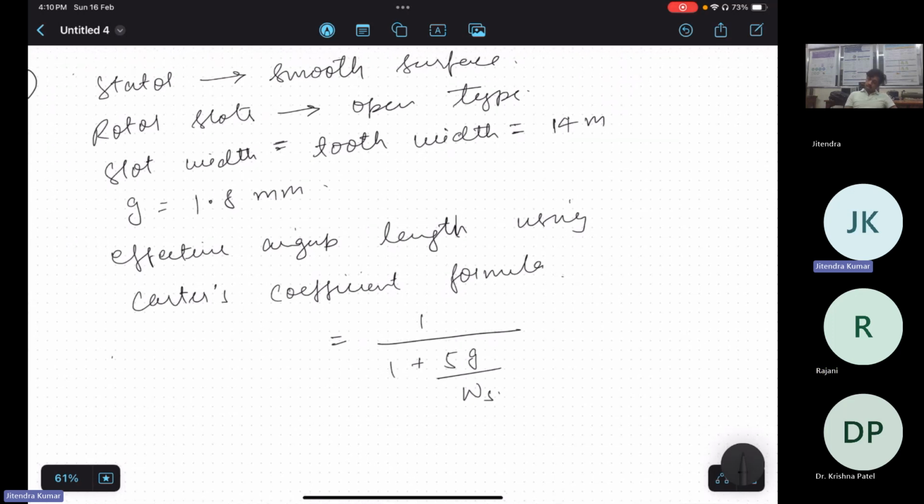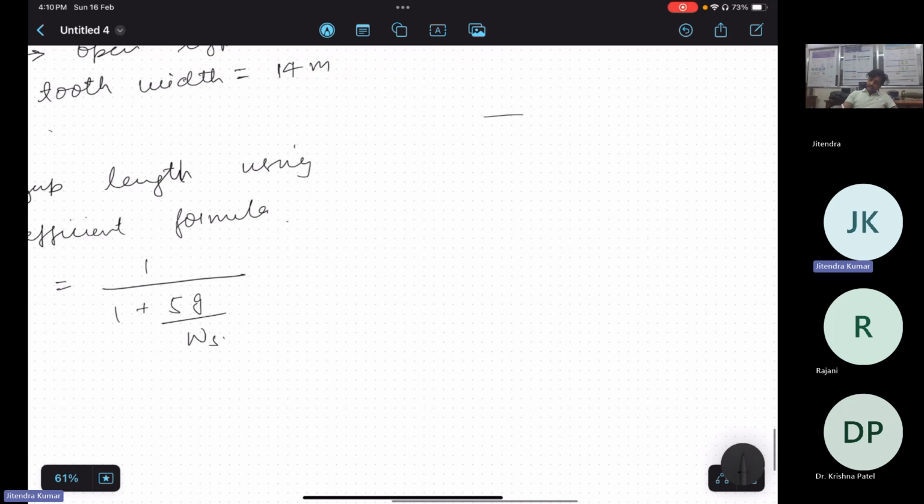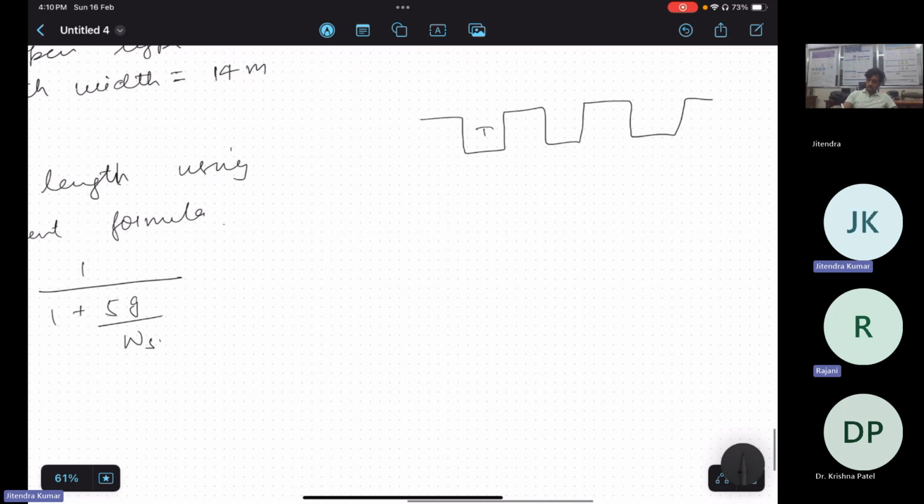Let's suppose we have a stator tooth like this. This is tooth, this is slot for the stator. Now we have a rotor tooth like this. This is again tooth, slot. This is for rotor.